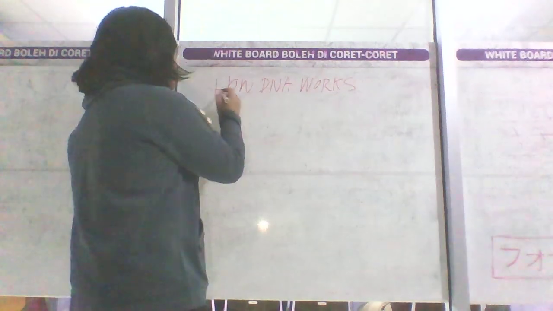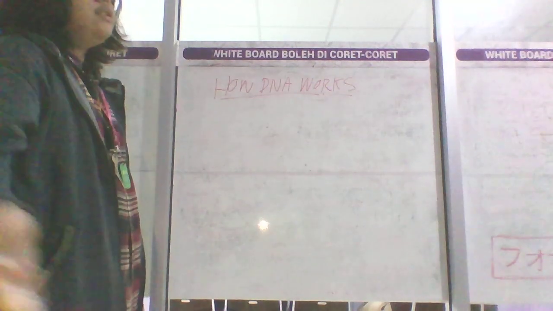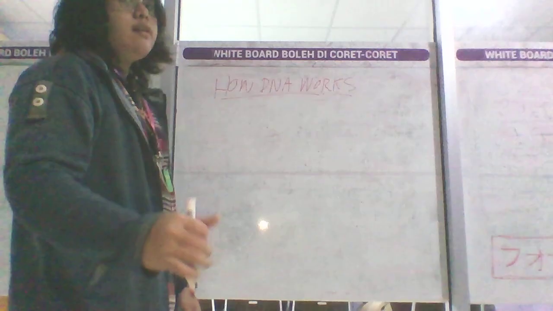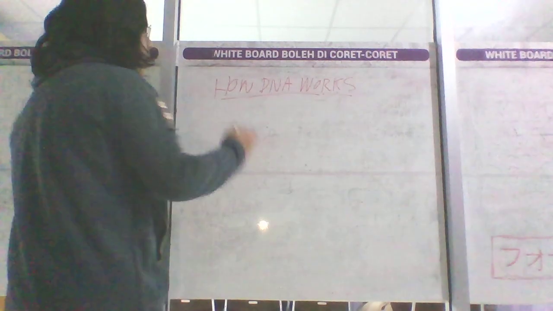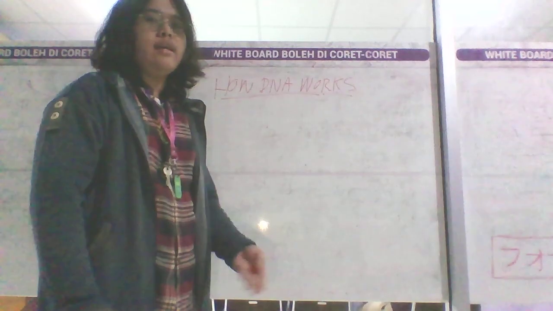So our theme today is how DNA is formed. In biology, we could say from the basic rule that our humanity comes from Adam and Eve.